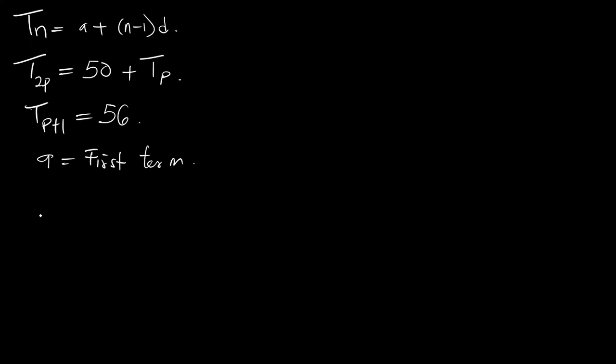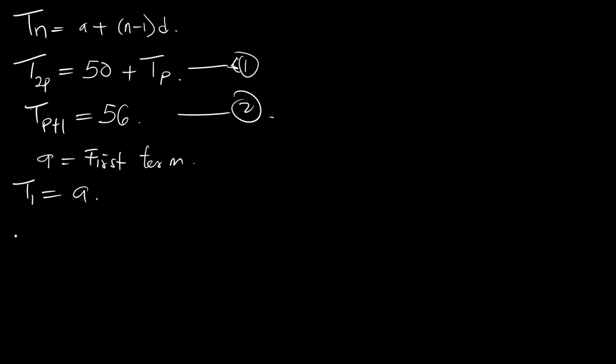For us to find the first term, t1, which is equal to a, we have conditions here. We have condition 1, we have condition 2. Now we're going to exhaust all these conditions to be able to solve for our a.